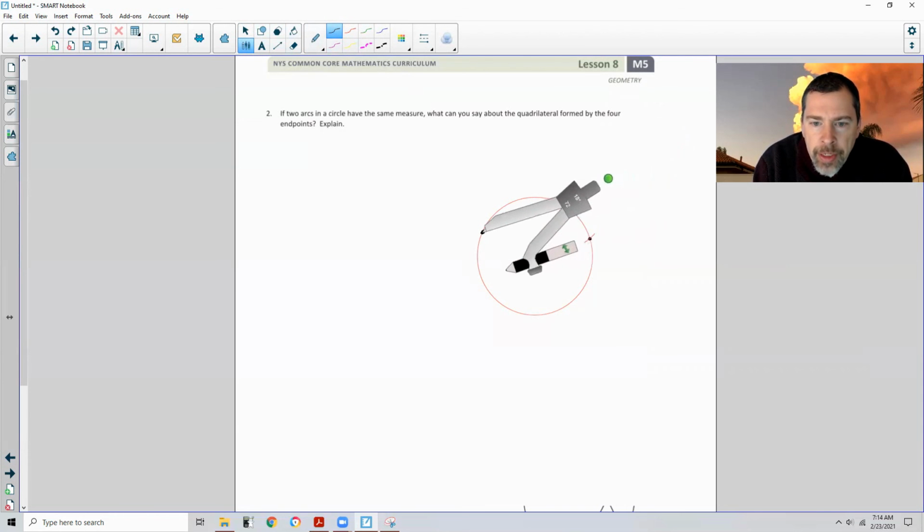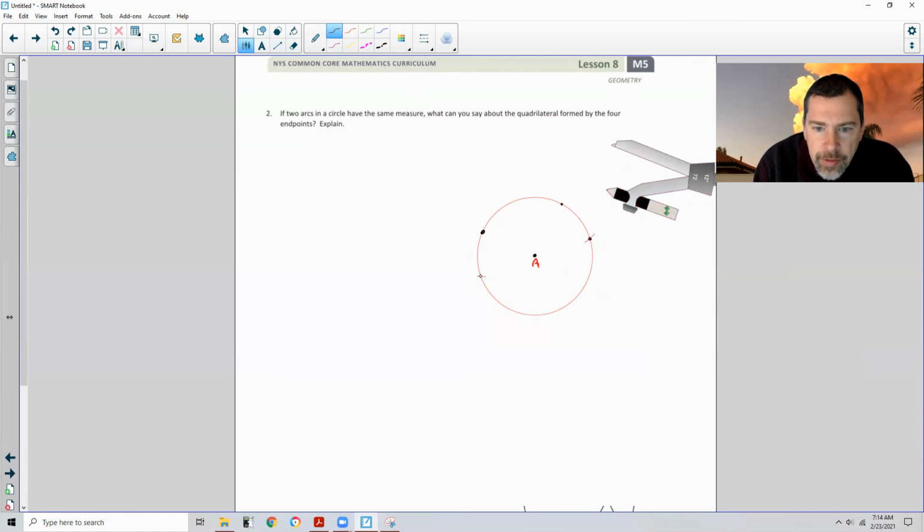And bring my compass over to that point, like so, and draw an arc here and put a dot there. Then the distance between this dot and this dot is equal to the distance between this dot and this dot.